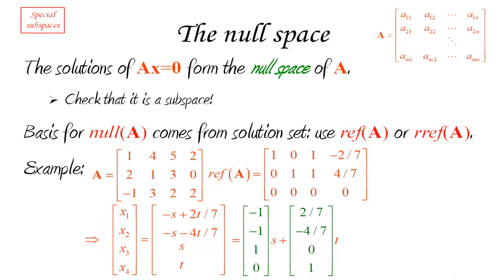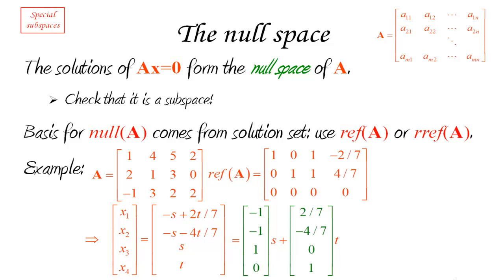So the solutions of this homogeneous system are a vector space, and they consist of all the linear combinations of these two vectors. Well, that means that those two vectors are a basis, doesn't it? And therefore that's how we find our basis for the null space.